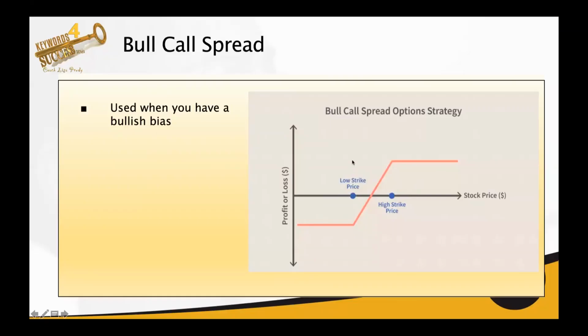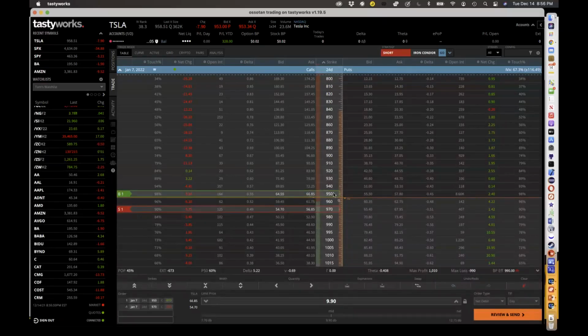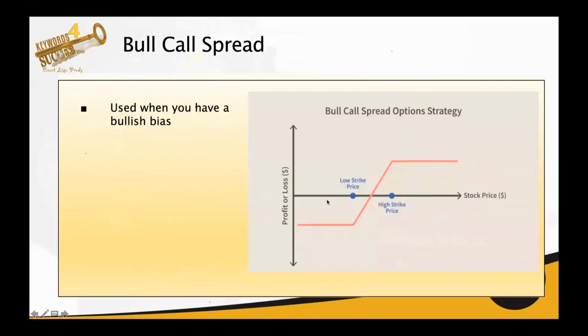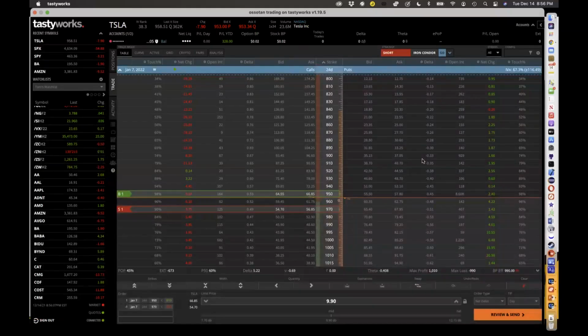And all I'm saying is that if I go below here, my profit and loss are capped. That's all this is saying, right? This is the profit and loss. It doesn't matter if the stock goes to infinity, your profit is capped by what? By this spread here minus the premium. This is the profit here for this particular stock.